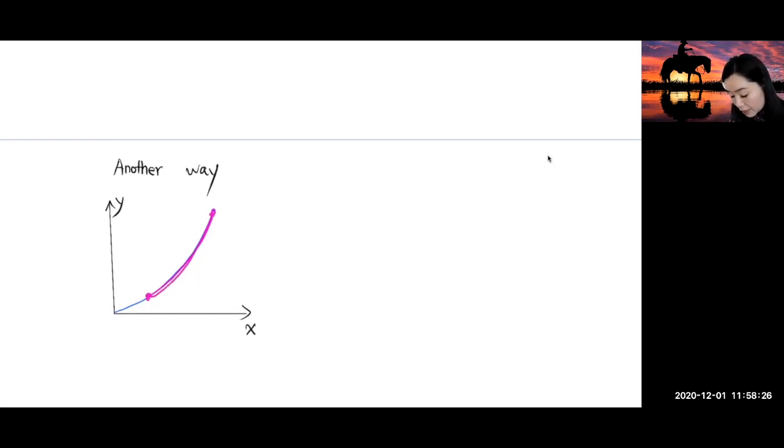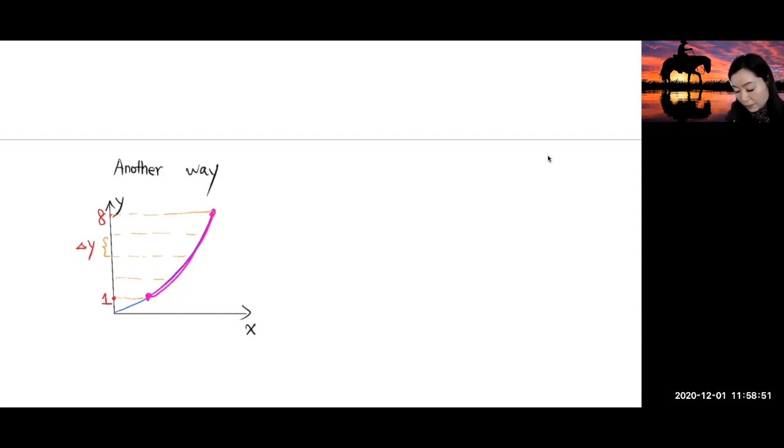So you slice it this way, and each one will be delta y. Over here, start from 1 and end at 8. So we can actually find this arc length using B.